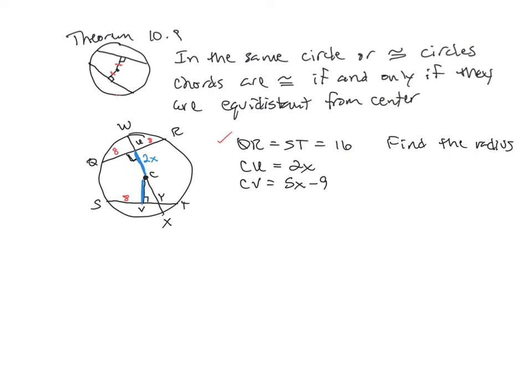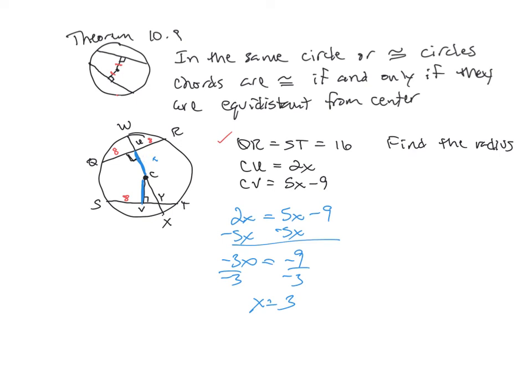It told me these chords, QR and ST, are congruent. It told me they're 16. Therefore, it's the same distance from the center to that chord. So 2x and 5x minus 9 are equal. And I can solve for x. So x equals 3. I'm going to go back and erase.